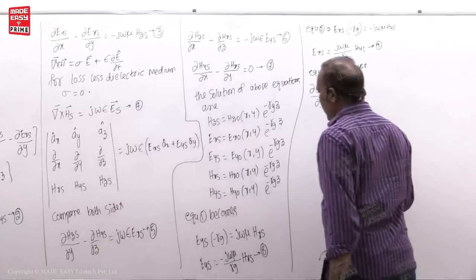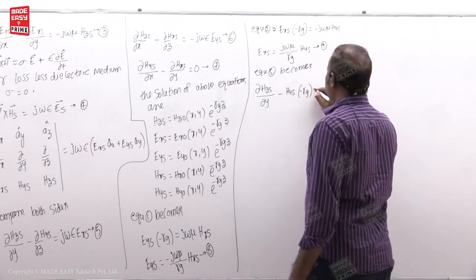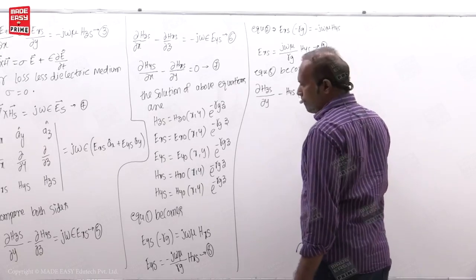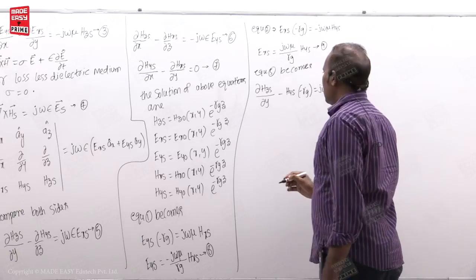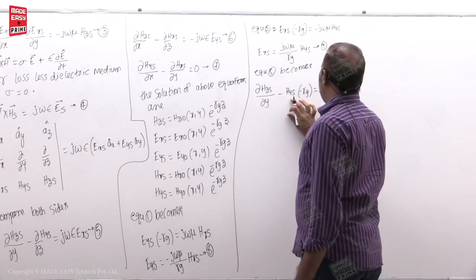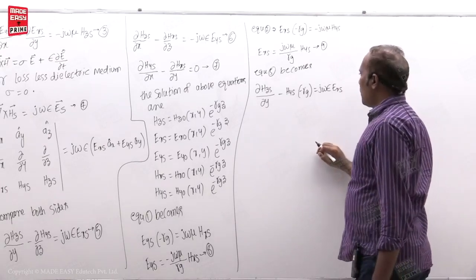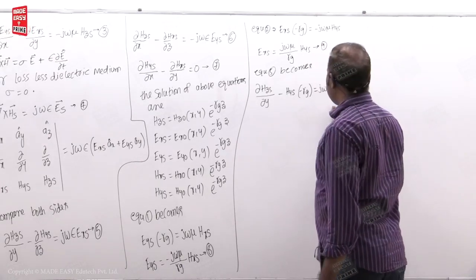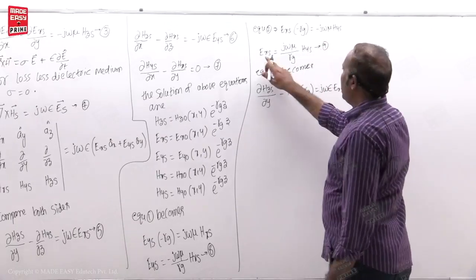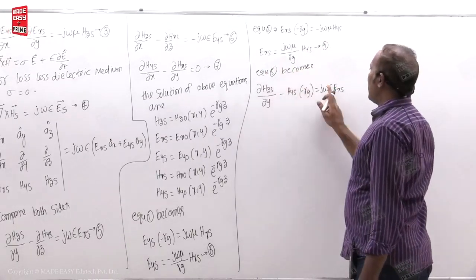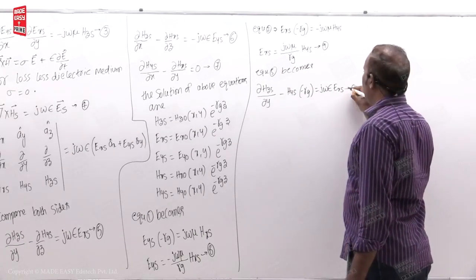Here dou by dou z is replaced with minus gamma g, then j omega epsilon Exs. Somewhere Exs is in terms of Hys, you see that. So let us say this is equation number 10.